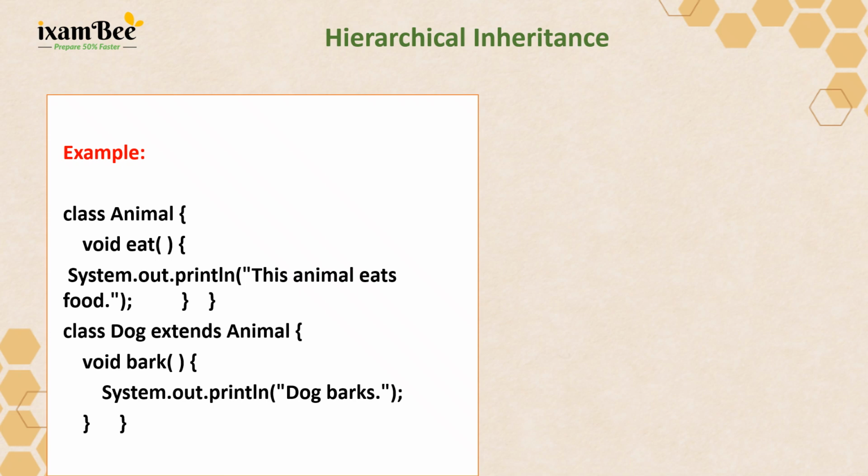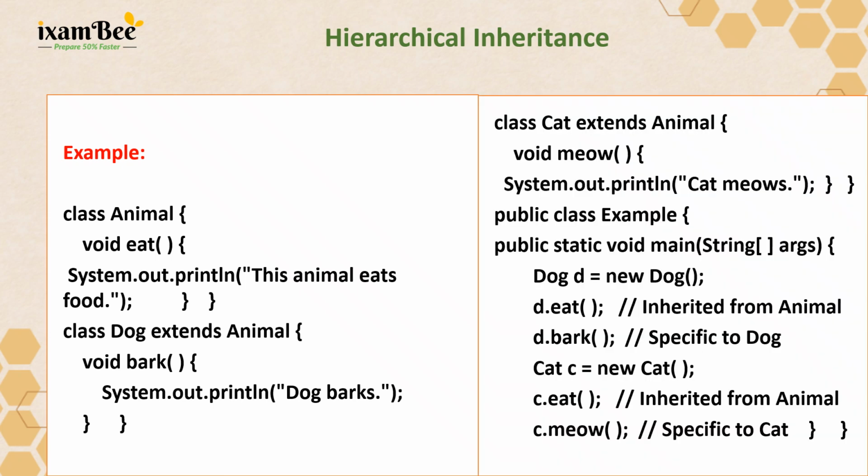Here we are creating a class animal with a function eat. Class dog extends from animal class and it has a method bark. Class cat also extends from the animal class. It has a method mew. In the main function, we are creating a dog class object D. When we call d.eat, the eat method is called from the animal class. d.bark calls the bark function specific to dog.